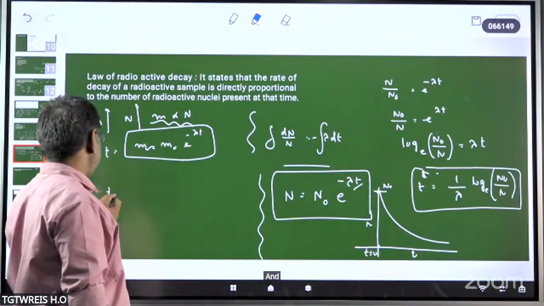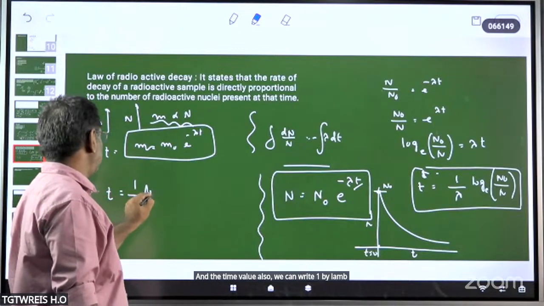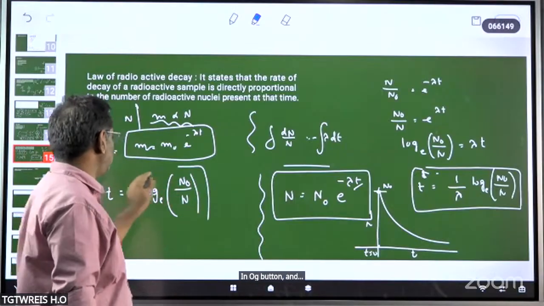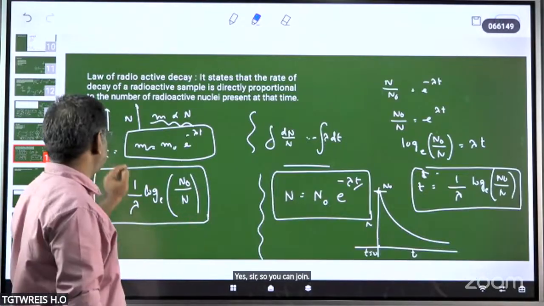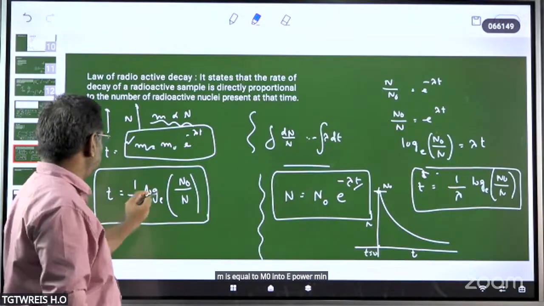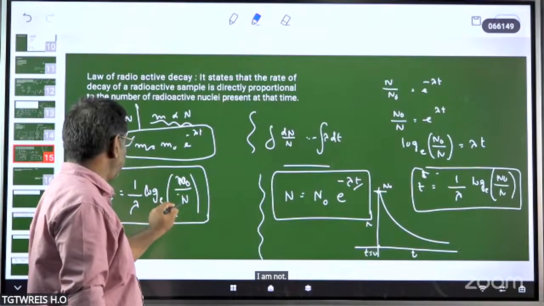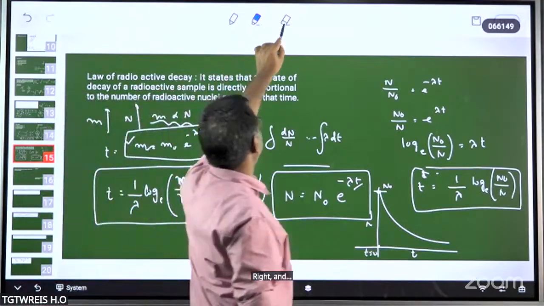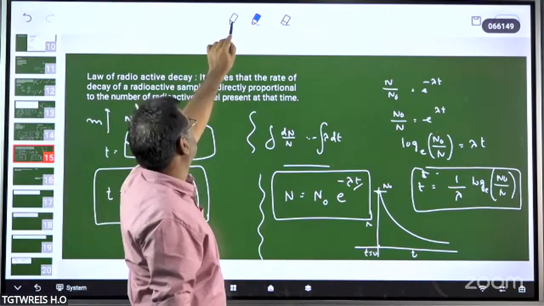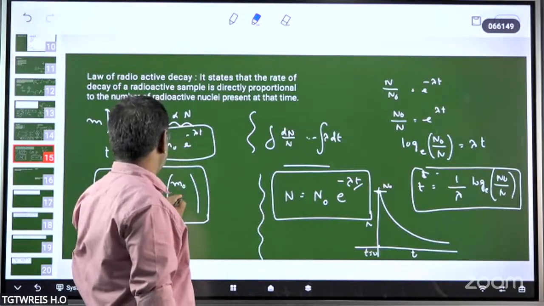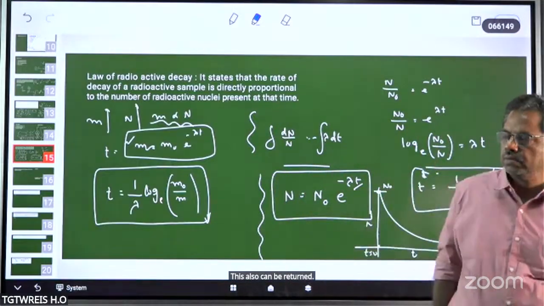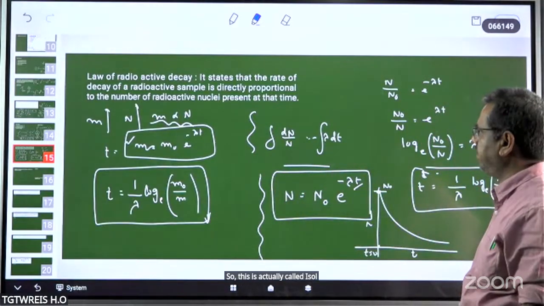And the time value also we can write as 1 by lambda into log base e of M naught by M. So M is equal to M naught into e power minus lambda T, or M naught by M. This is actually called the law of radioactive decay.